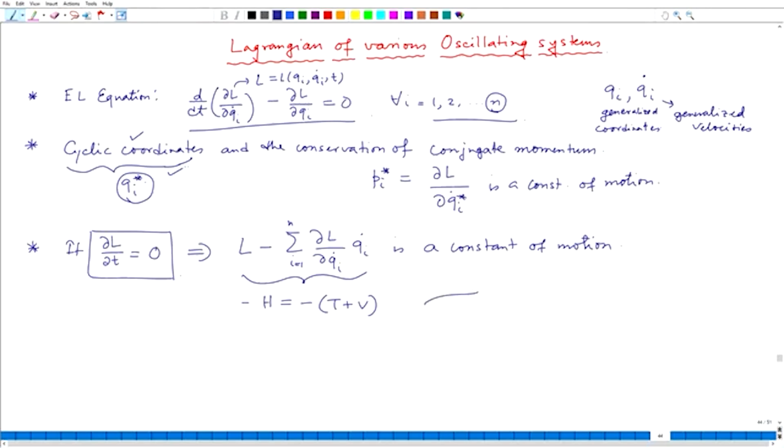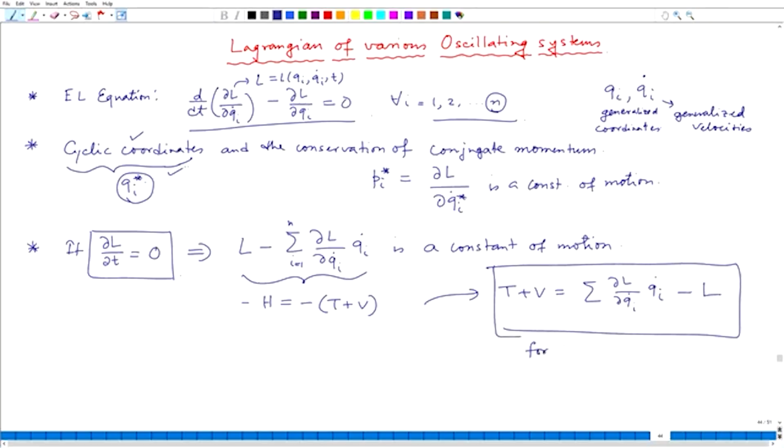So, the total mechanical energy is nothing but the summation over ∂L/∂q_i dot times q_i dot minus L, for usual mechanical systems. Systems means consisting of one particle here for our course, associated with a V, which is a function of just the generalized coordinates for the sake of simplicity.